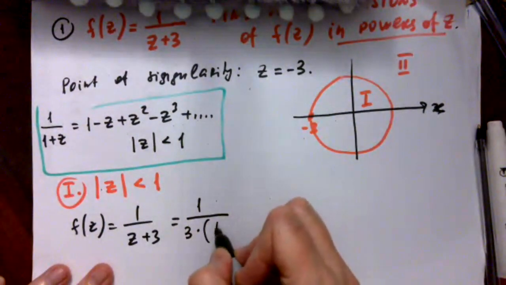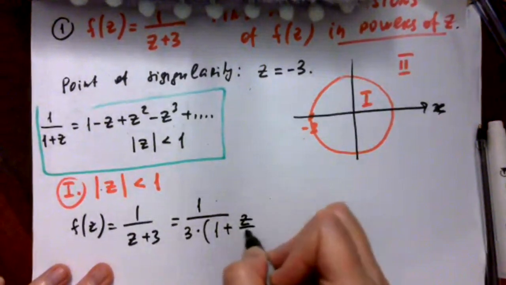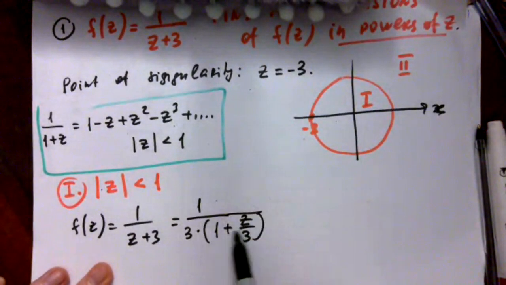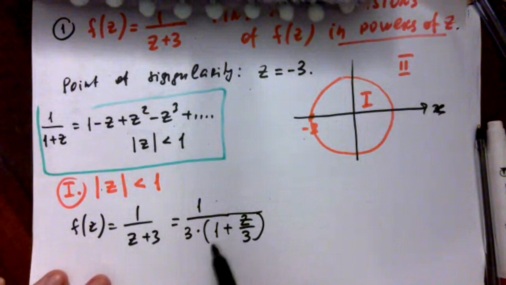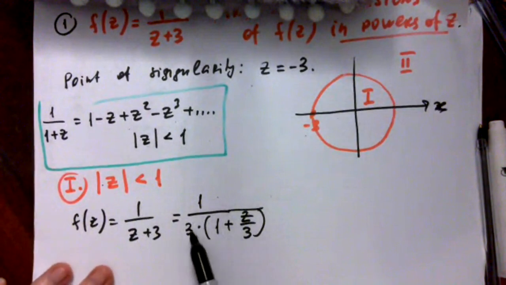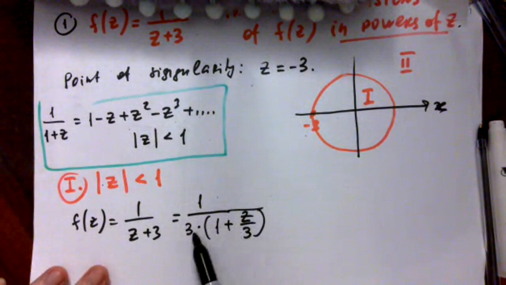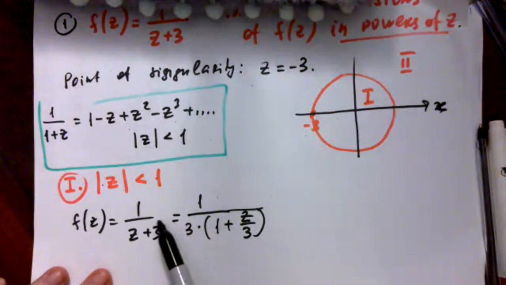You will get 3 times 1 plus z divided by 3. I changed the order of the terms here just for convenience. If you don't believe me, or if you don't believe yourself, you can always check your result by multiplying this expression again. So 3 times 1 will be 3, and 3 times this will be z.